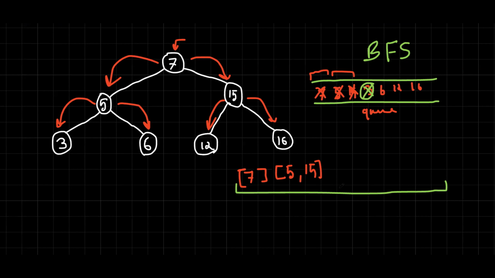So we remove it and add 3 to a vector. Then the front element is 6, so we remove it and add it to the vector. Similarly, we add 12 and 16 as well, and remove both of them. Now, none of the nodes 3, 6, 12 and 16 has left or right children, so we don't add anything into the queue. So our iteration is over.